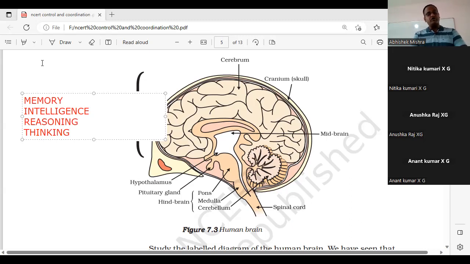Remember, Anand, it is not a part of the brain, but its location is in that portion. Even the pituitary gland is located just below the midbrain.